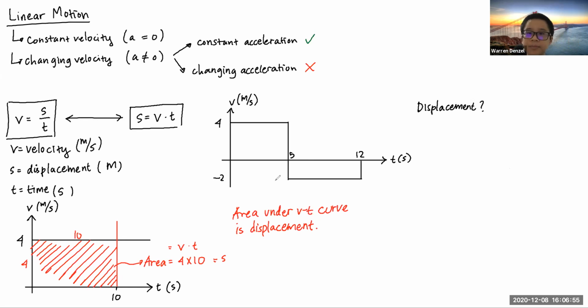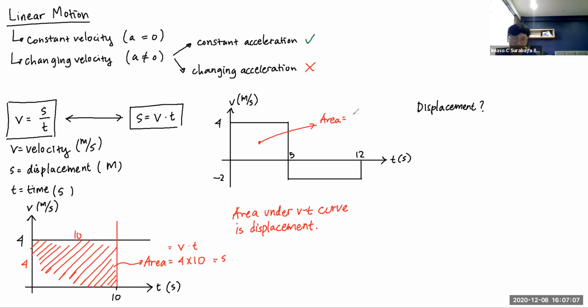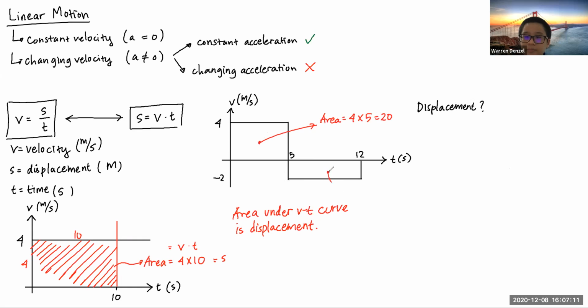Seven. How did you find that? The one above is 4 times 5. That is positive. The area below is -2 times (12 minus 5).